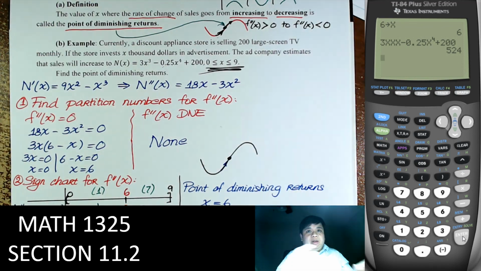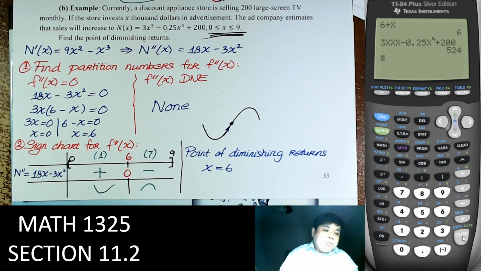So we might invest money, but it will be more difficult to increase the revenue or the sales. That's why we said the point of diminishing return is at 6. In this particular problem, $6,000 is the amount of ad spending that we want, and with that we have sales of 524 flat screen TVs.